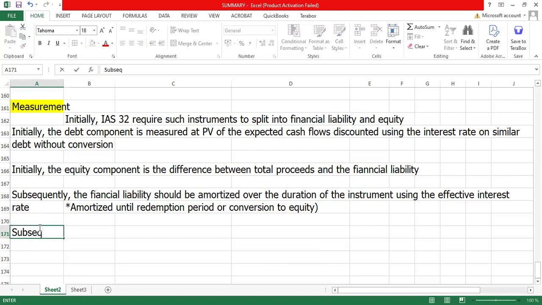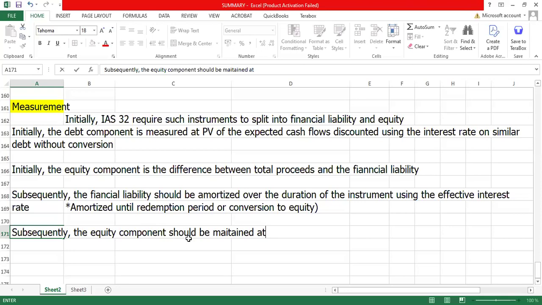Subsequently, the equity component should be maintained at its original value.